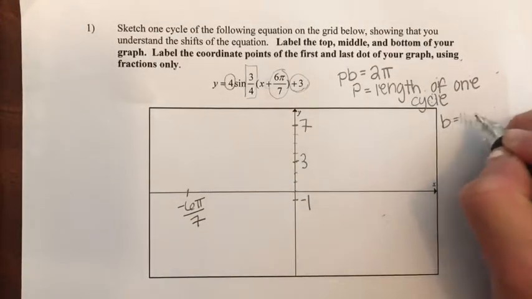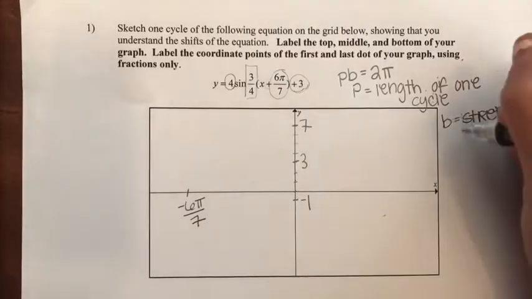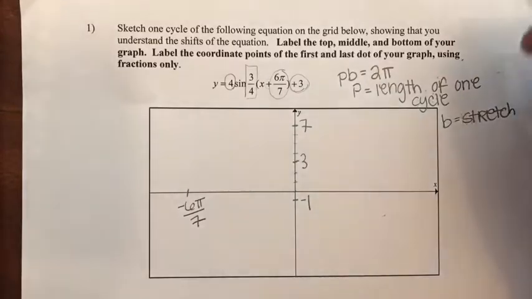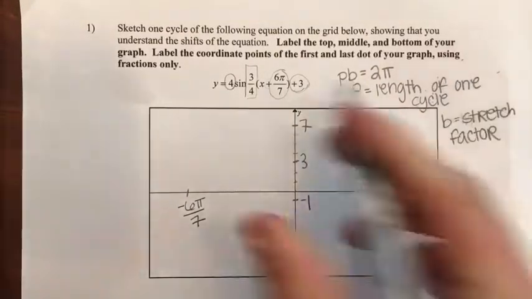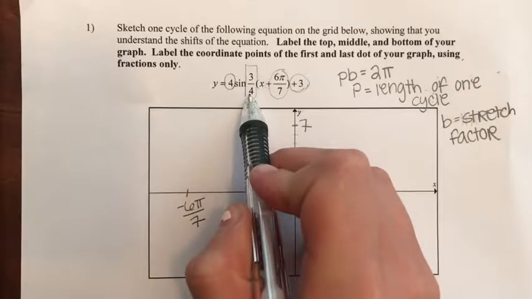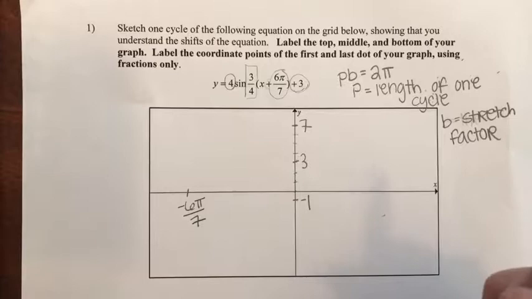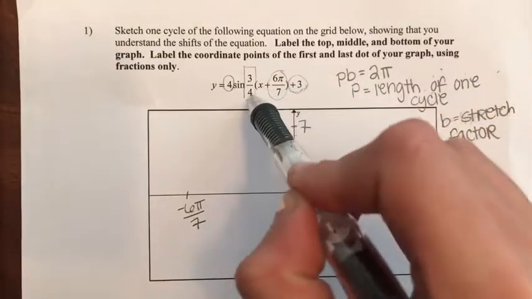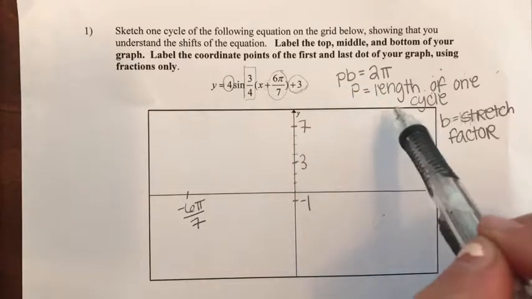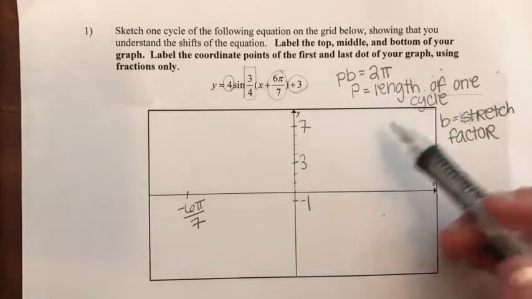B is your stretch factor, and that means it tells you how horizontally compressed the graph is. So right now we're given the stretch factor, and how we change that into the distance from the first point to the second point. This number right here is always your B, so we're going to plug it into the equation to find the length of one cycle, so basically where our last point will be.